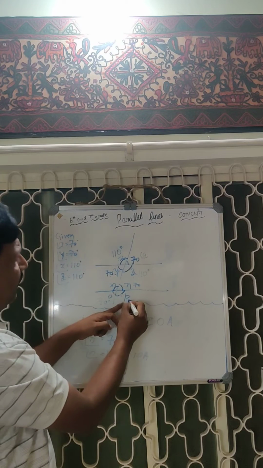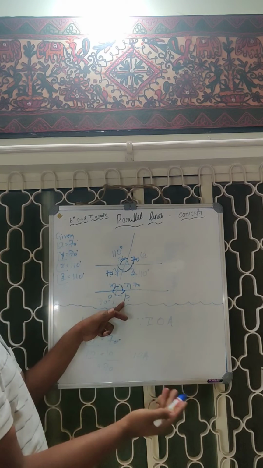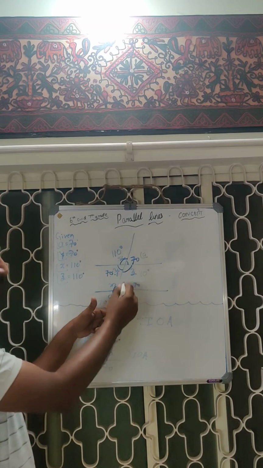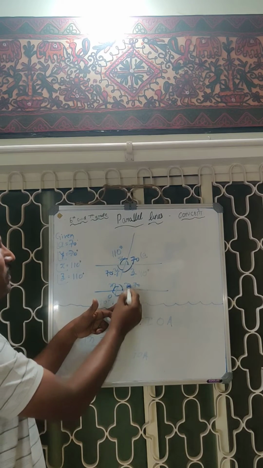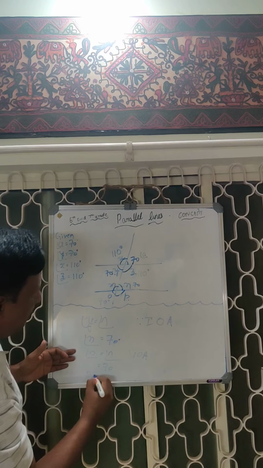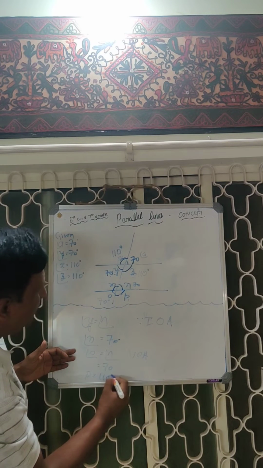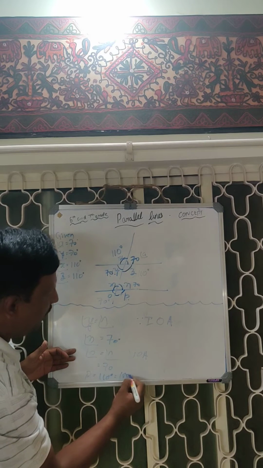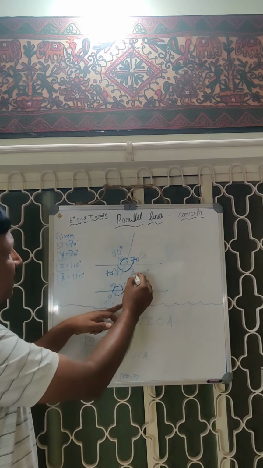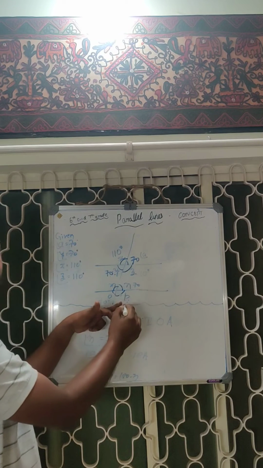Now P can be found out in different ways. One is n and P are supplementary angles. Therefore P plus n is equal to 180 degrees. Therefore P becomes 110 degrees because it is 180 minus n. Also Z and P are corresponding angles.